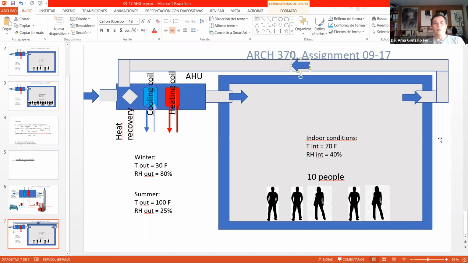There you go. Okay, we supply, then we return the air. Instead of getting rid of the air, we just recirculate it to the air handling unit again.